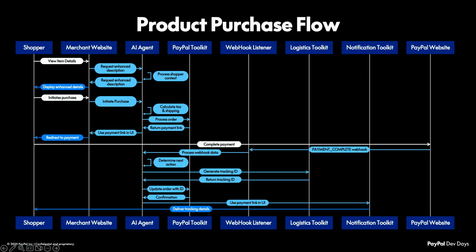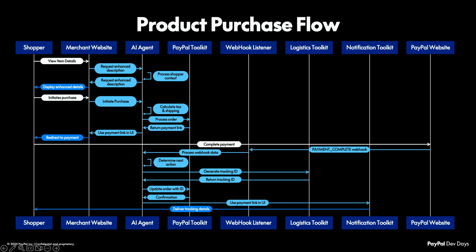One of which is that if a shopper is viewing item details, we could be context aware about who that shopper is, and we could take those details, the description of the product, and fine-tune that, highlight certain aspects of it that are more appropriate to this shopper. That's going to help that shopper determine, do I actually want to buy this product?